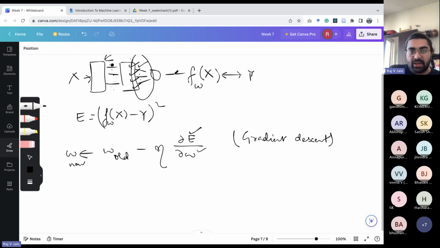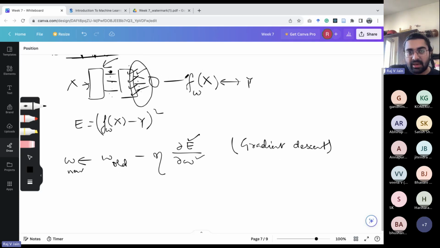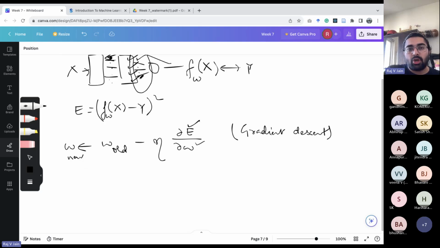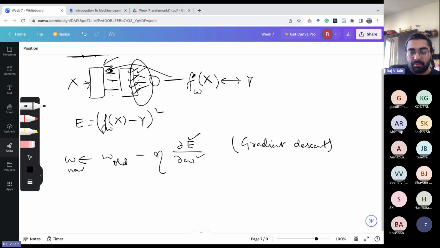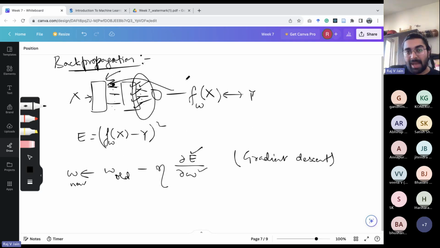So what you do is you take the effect of this error on this node through all of these networks. So because we don't have the true value that should come out of here, this is called back propagation. You're back propagating the error to that node from the last layer or whatever, right?